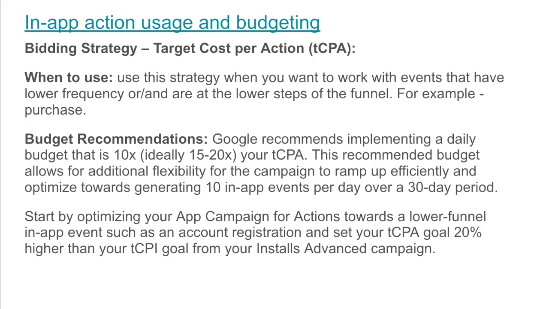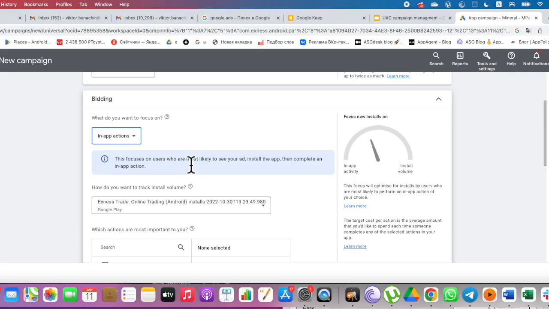In this case, you need to have at least 10 events daily for the right optimization, set up a budget that is 15 to 20 times higher than your target cost, at least.